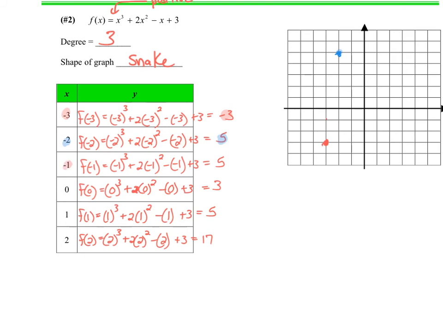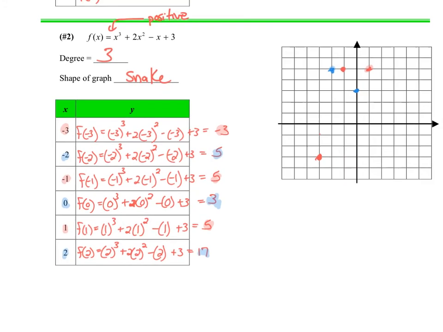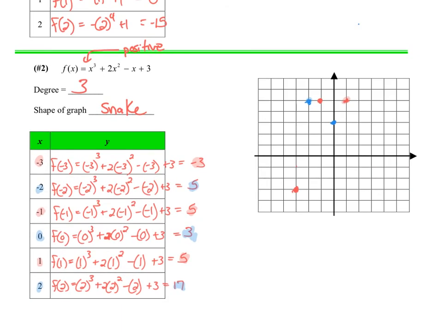Then we have -1, 5, so -1, 5 would be right here. Then 0, 3. Then 1, 5. And then lastly, we have 2, 17. So 2, 17 is going to be way up high, way up here somewhere.